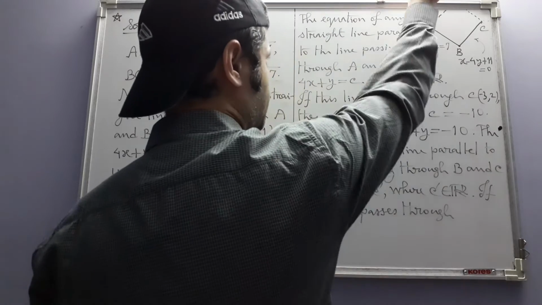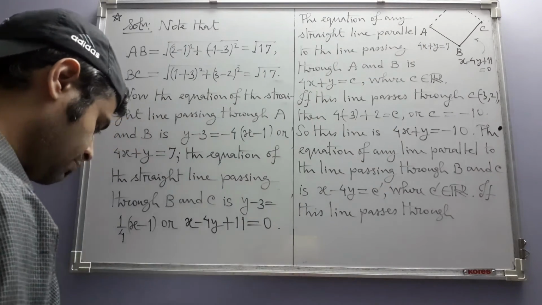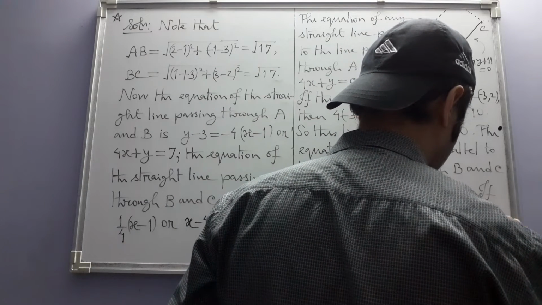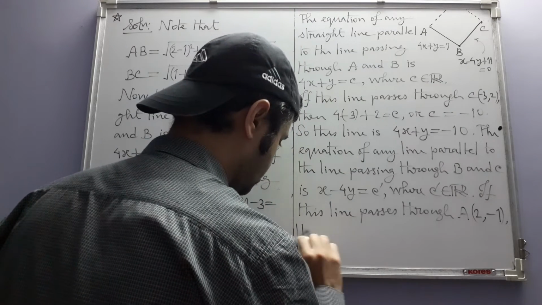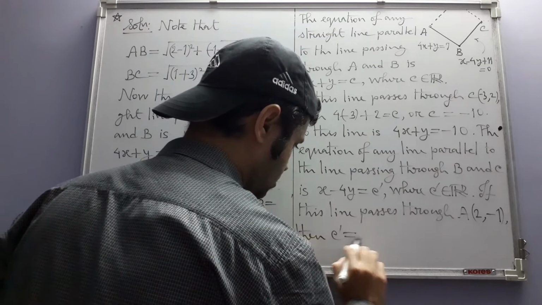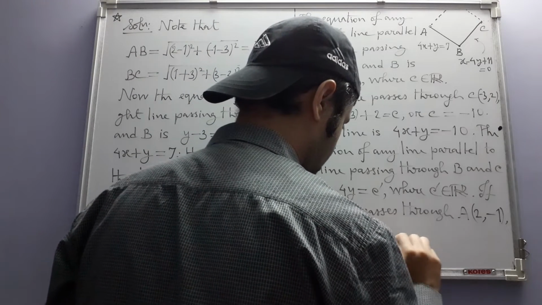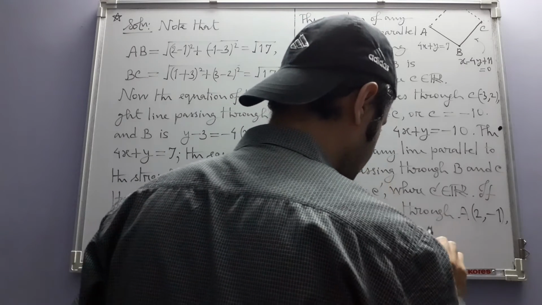If this line passes through A, the coordinates of A are 2, minus 1. Then C prime equals 2 minus 4 times minus 1, which is 6.